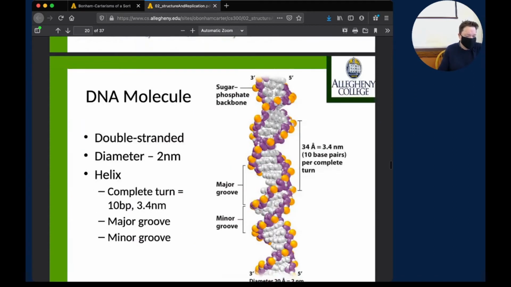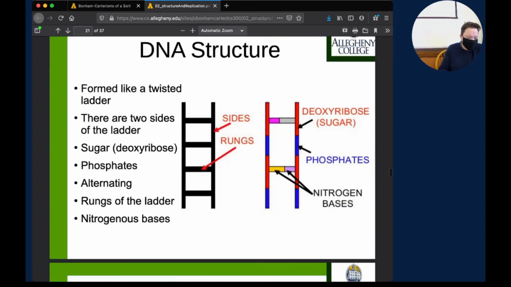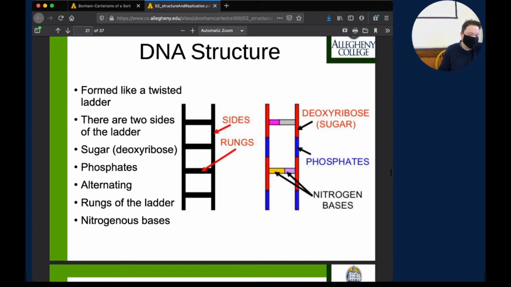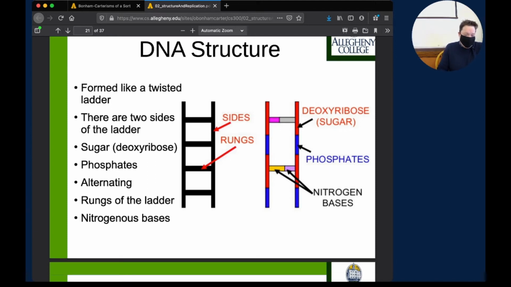When we look at the purines and the pyrimidines, which we'll see later on, we'll see the molecular biology, or the organic chemistry side of DNA, the molecular model of the bases themselves. You can't connect two pyrimidines together or two purines together, and we'll see that in a moment.